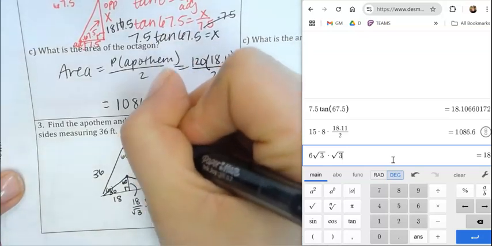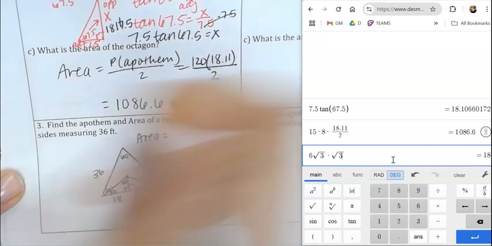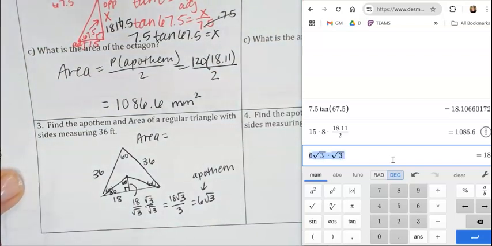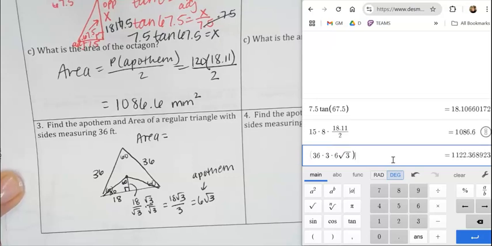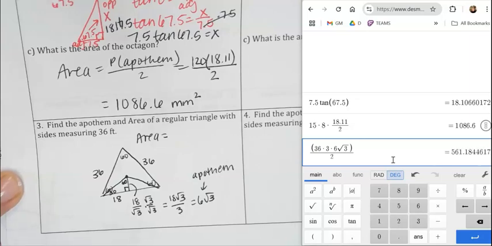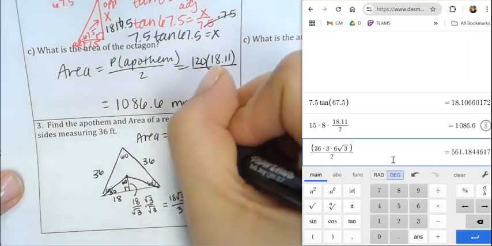So my area, I have 36 times 3 is my perimeter, times my apothem, which is 6 square root of 3 divided by 2, which gives me this.